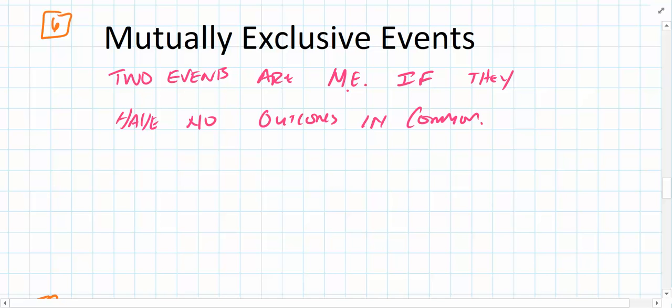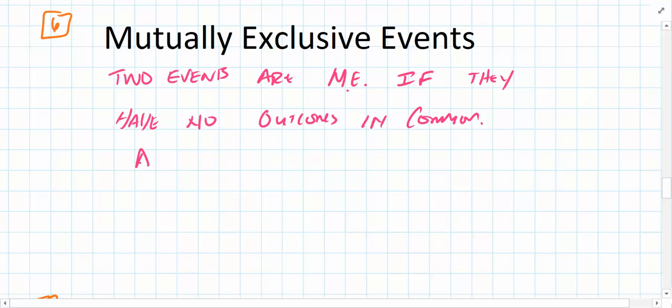As an example, choosing a red club: those 2 events are mutually exclusive. There's no way that you could choose a red club from a deck of cards. They're mutually exclusive events. So we would say this.